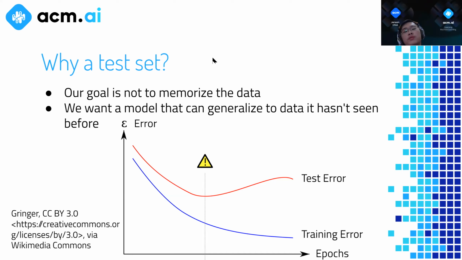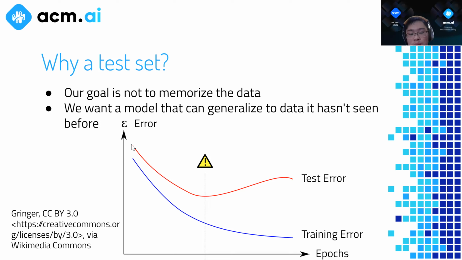Okay, the goal of training a neural network is not to memorize our data, which is what overfitting is. Instead, we want a model that is able to generalize to real world data that hasn't been seen before.